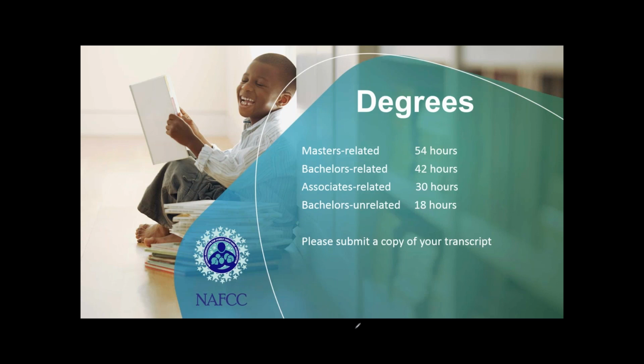But if you just recently got your associate's within the past 3 years, if you had any classes that were related to the core competencies that we listed a few slides ago, we'll count those classes. So if you took, I don't know, a 3-unit child development course, we would count that for 45 training hours, but we can't count just the associate's degree that isn't related to early childhood.